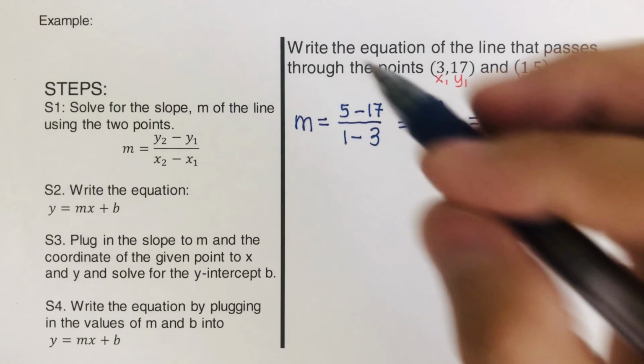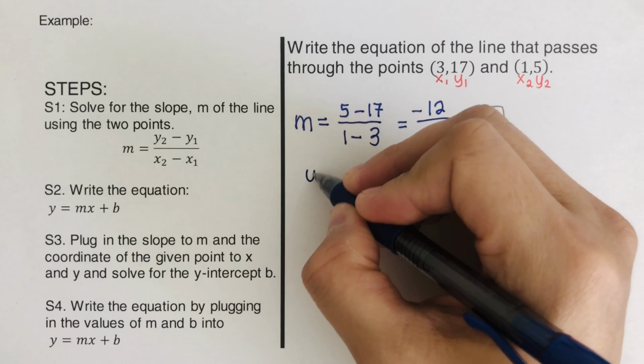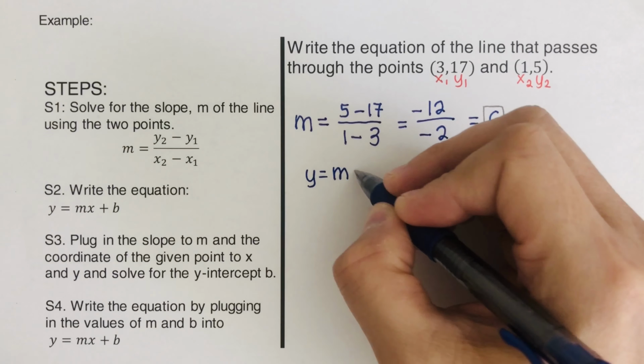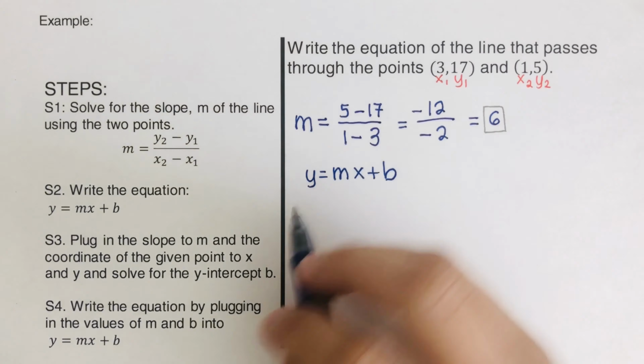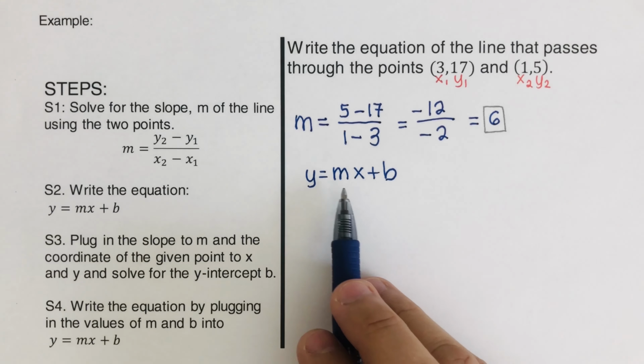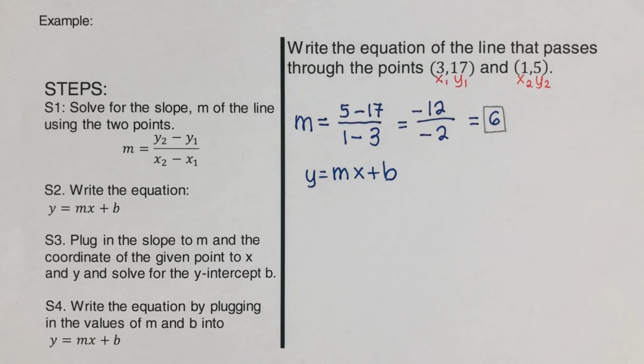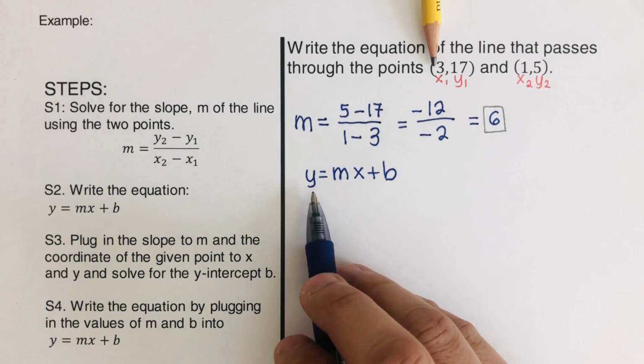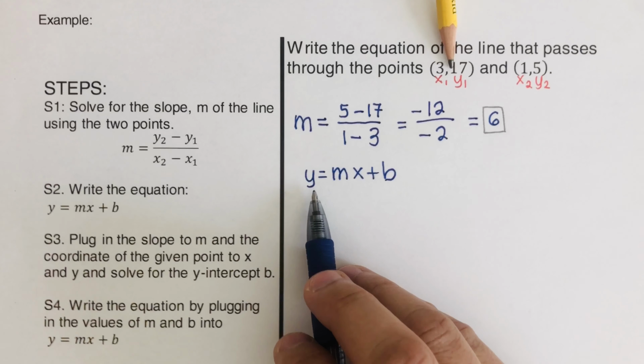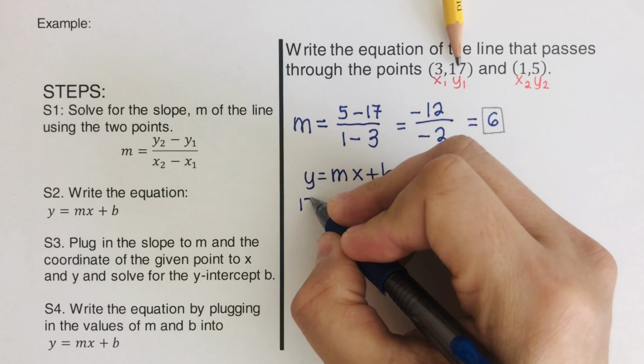Second step here is we write the equation in slope-intercept form: y equals mx plus b. This is the equation of the line in slope-intercept form. So then we plug in the values. Again, we can pick any of these points here, but let's just pick the first one. So our y is 17, so I'm going to write 17 right here.